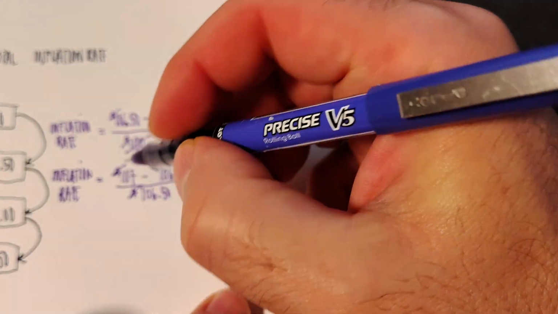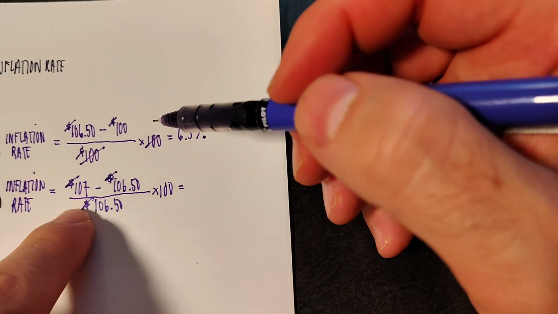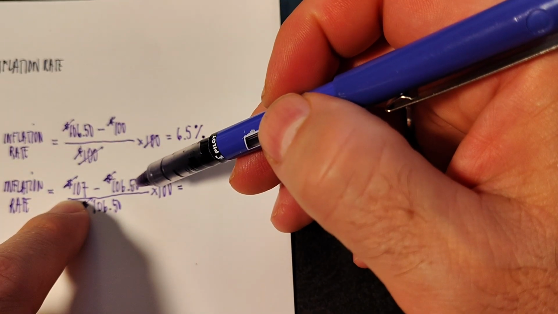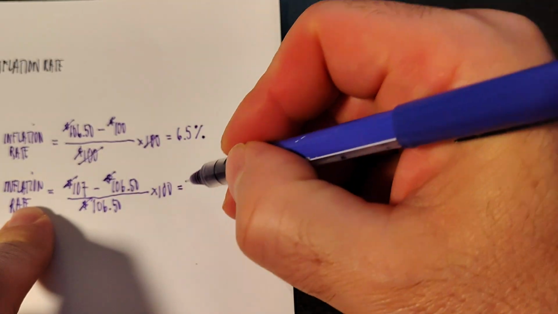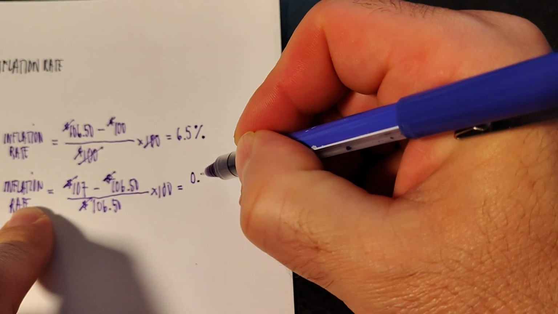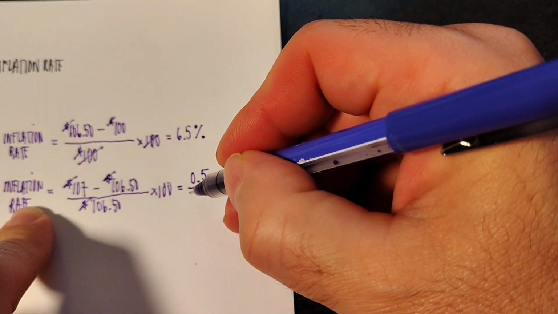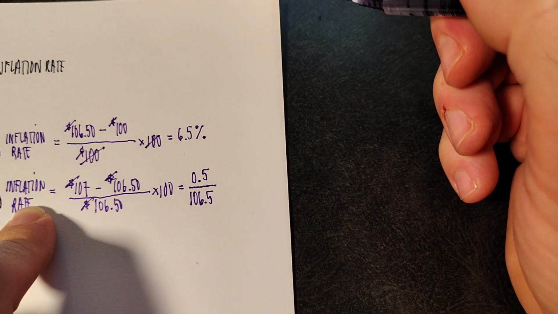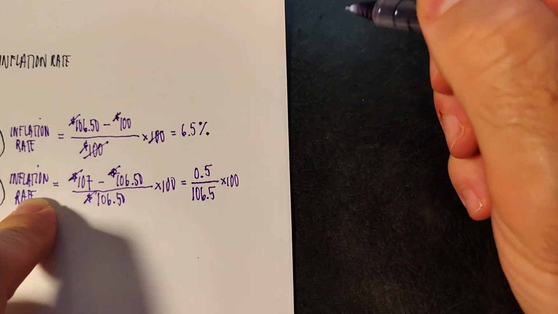All right, so this is going to be equal to, let's see, 107 minus 106.5 gives us 0.5. So it's going to be 0.5 divided by 106.5 times 100, right?